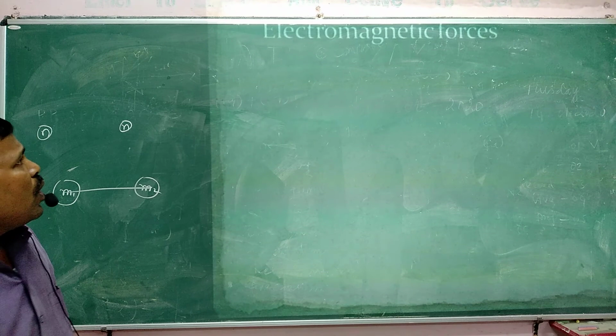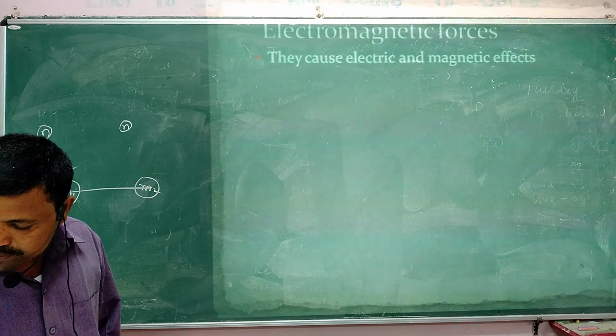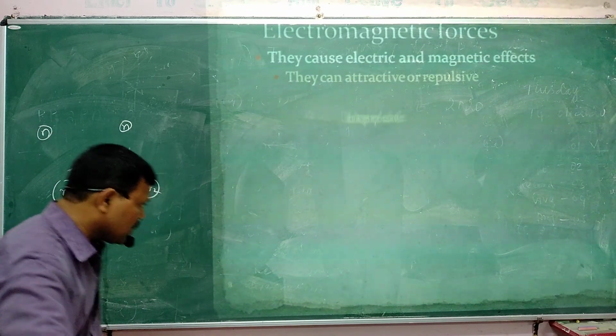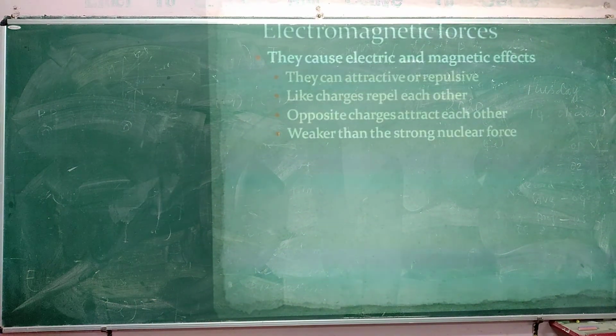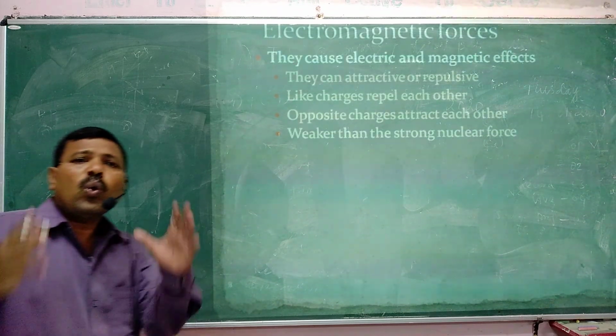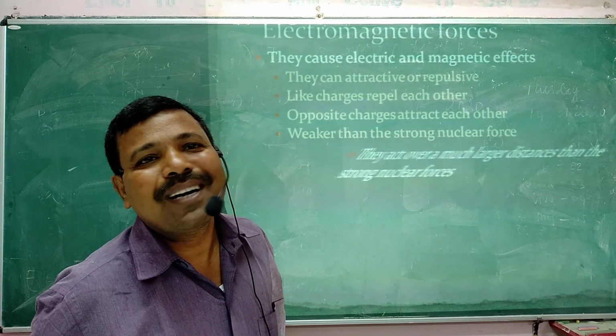Now let us move on to electromagnetic forces. What are electromagnetic forces? As all of us know, Coulomb was the first scientist who discovered electric forces between two charged particles.